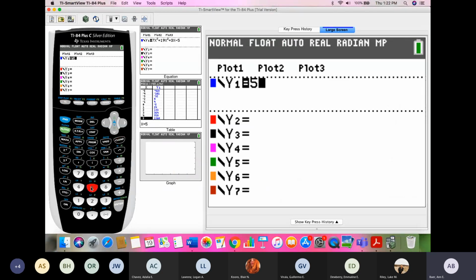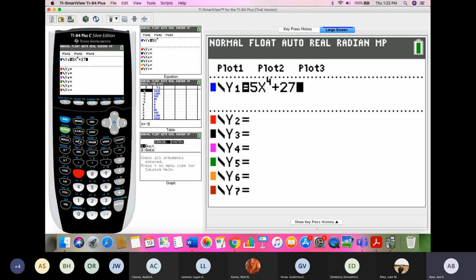So we have 5x raised to the 4th power, and then right arrow, plus 27x raised to the 3rd power, minus 61x squared, and then minus 33x, and lastly, plus 14.